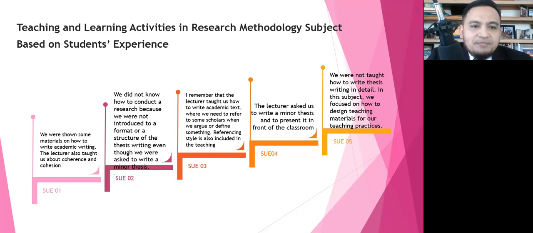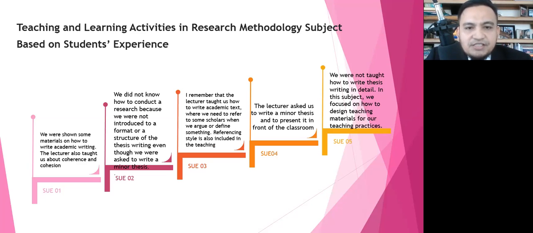And the second participant said that we didn't know how to conduct a research because we were not introduced to a format or a structure of thesis writing, even though we were asked to write a minor thesis.